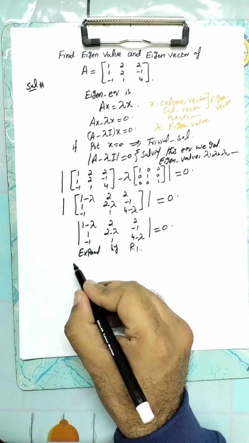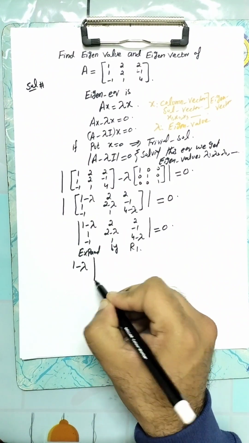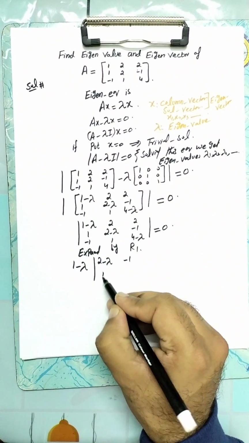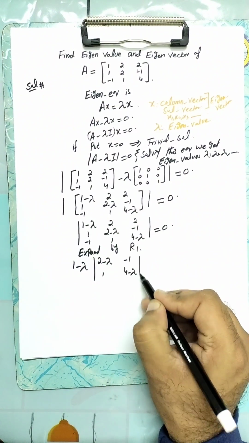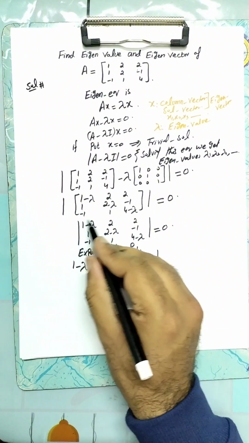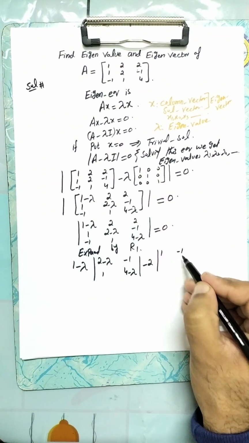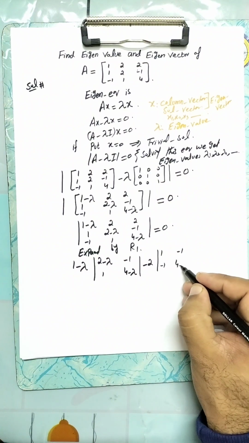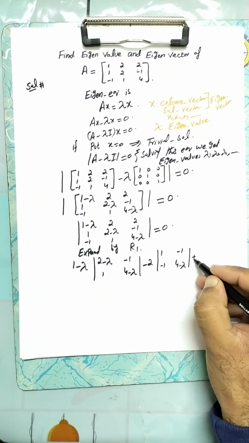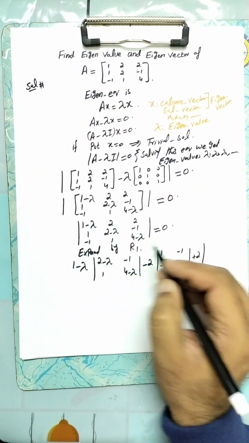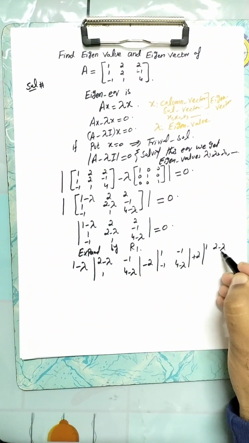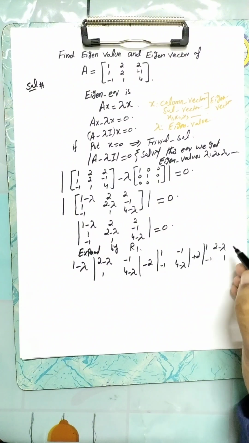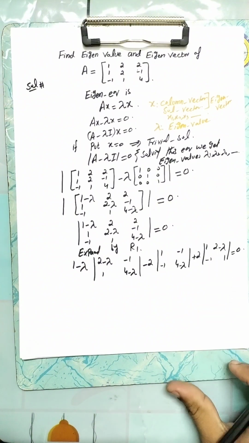So we write 1 minus lambda times the determinant of 2 minus lambda, minus 1, 1, 4 minus lambda, minus 2 times the determinant of 1, minus 1, minus 1, 4 minus lambda, and plus 2 times the determinant of 1, 2 minus lambda, minus 1, 1, and this is equal to 0.